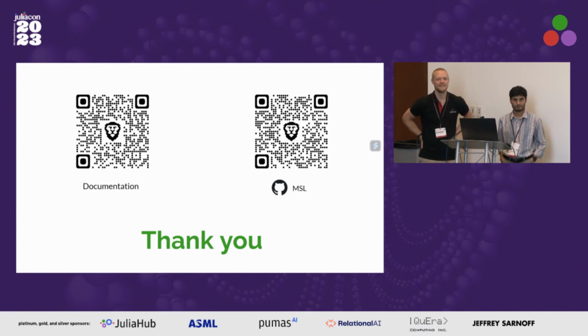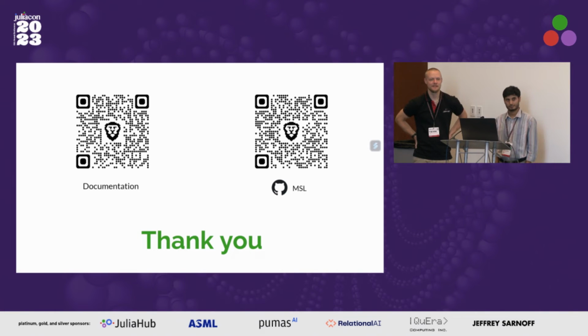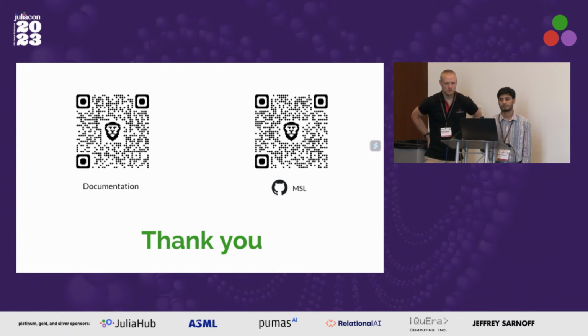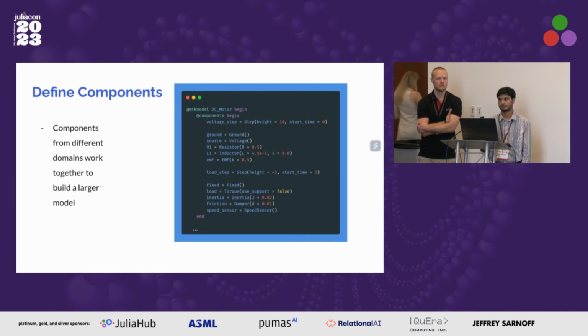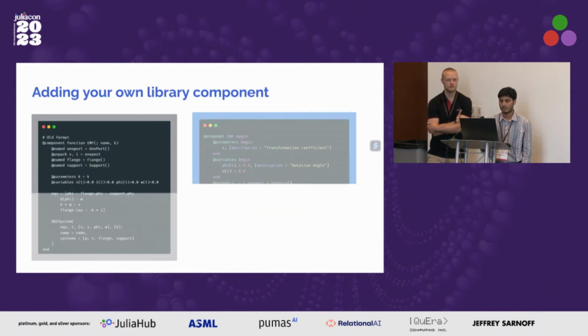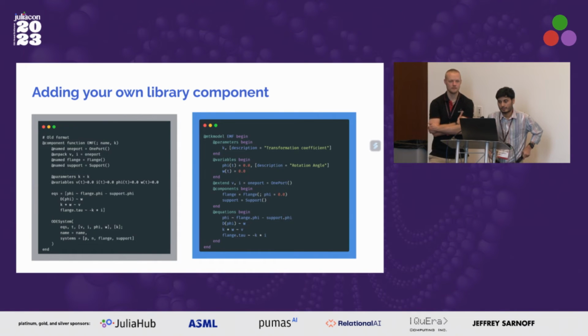Johnny? Yeah. So the MTK model macro, can that handle, for example, if you have certain variables that are actually vectors, where normally you have to manually scalarize them to create the different variables? Can that handle vector components like that? Do you mean the variables or the components?